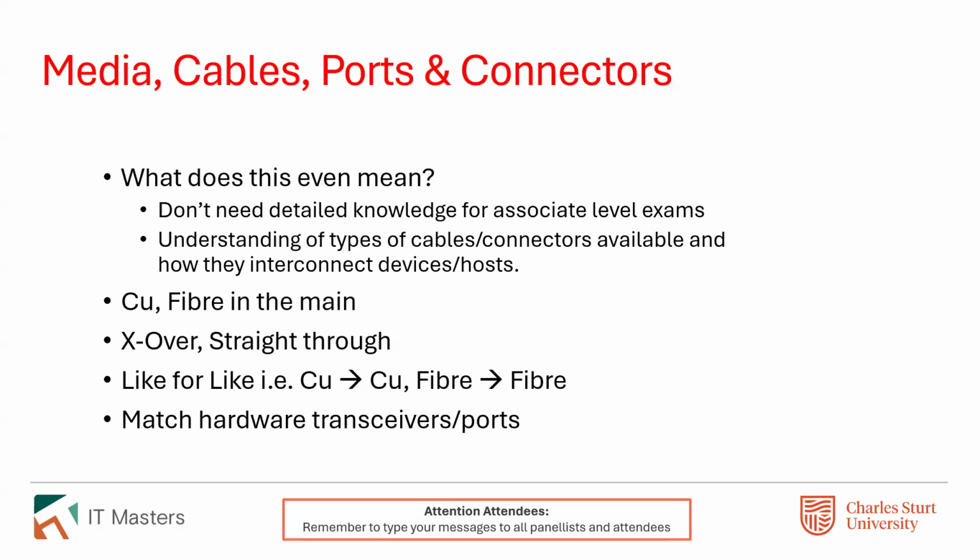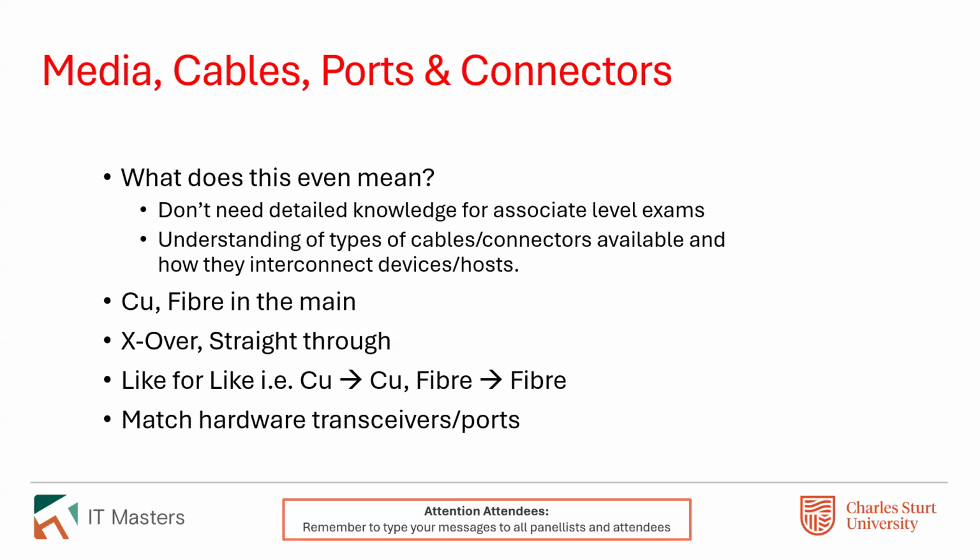Now, in any case, and this is particularly important with fiber because like any good standard, there are hundreds to choose from. And unfortunately, fiber has sort of seen a lot of standard sprawl, as it were. You've got to make sure that the fiber interface on one side matches the fiber interface on the other. So if you've got a long haul connection or a long range connection, say a 10 kilometer fiber optic link, you need to make sure that you're using the right kind of interfaces at both ends.